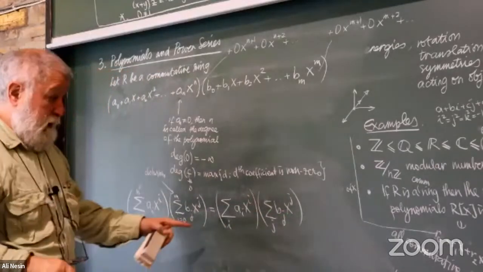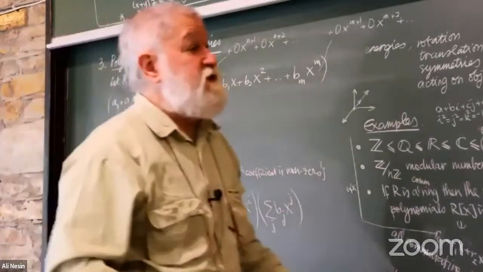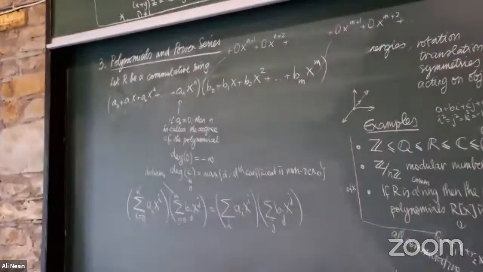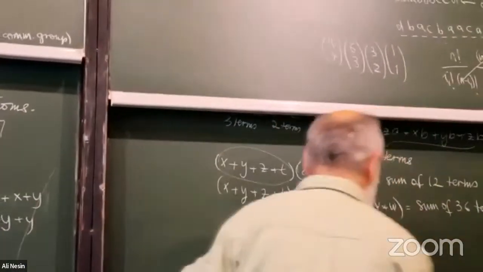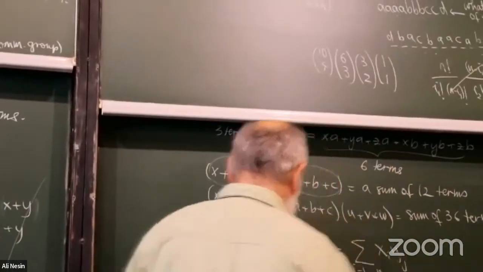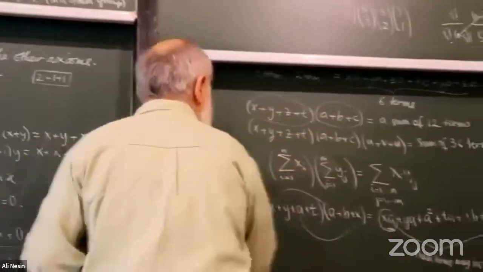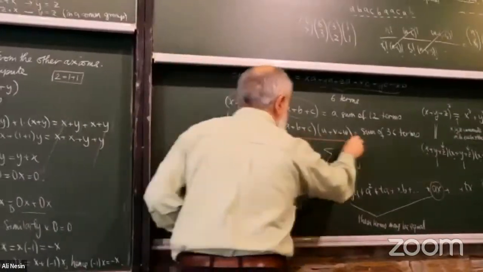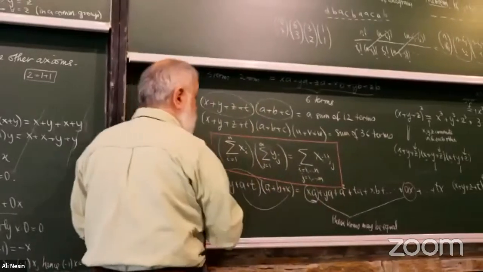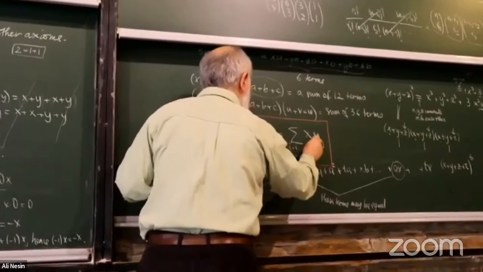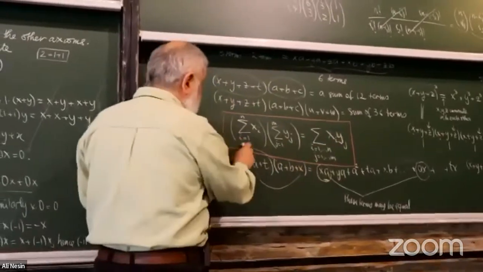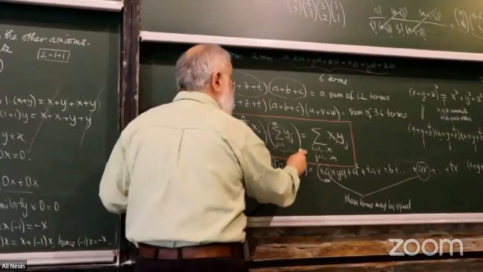Now we know how to multiply two entities like this. We have seen here there was an important formula. Here it is. How do you multiply things like this? You take one term from here and one term from here, and you multiply them and add them all.